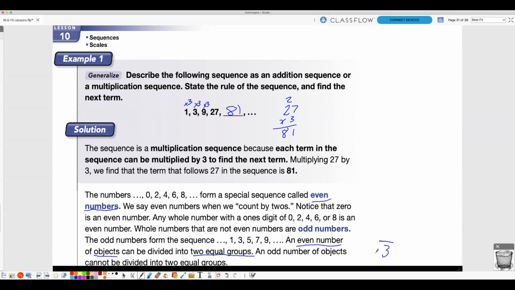What's 3 divided by 2? Well, 3 divided by 2 would be 1 with the remainder of 1 or 1.5. So you see it doesn't work. If you did 4 divided by 2 though, you get 2. So you get odd number of objects cannot be divided into equal groups.